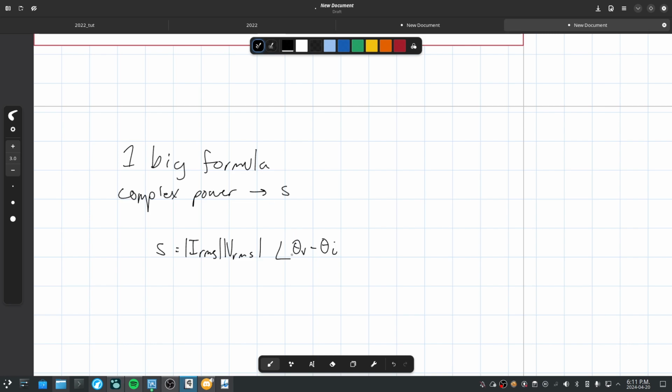That's pretty much the only formula that's really important. Everything else stems from this.